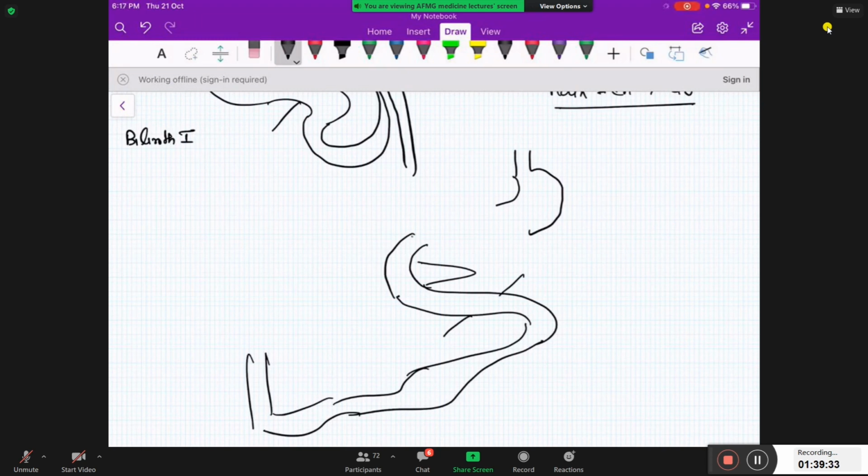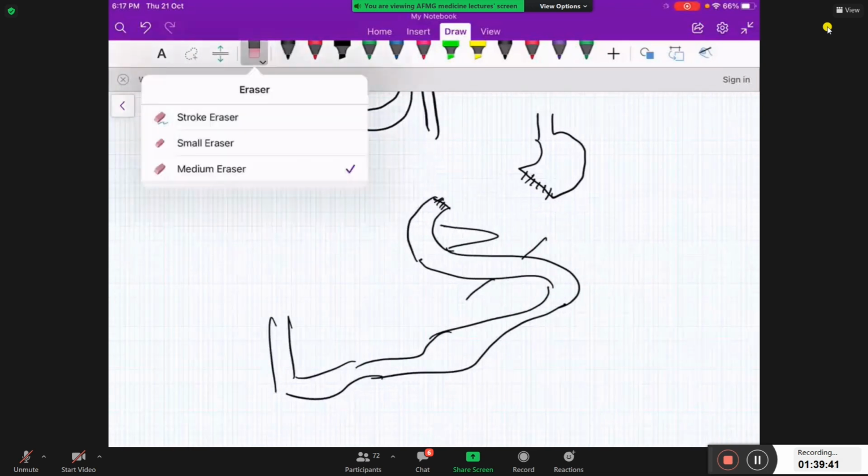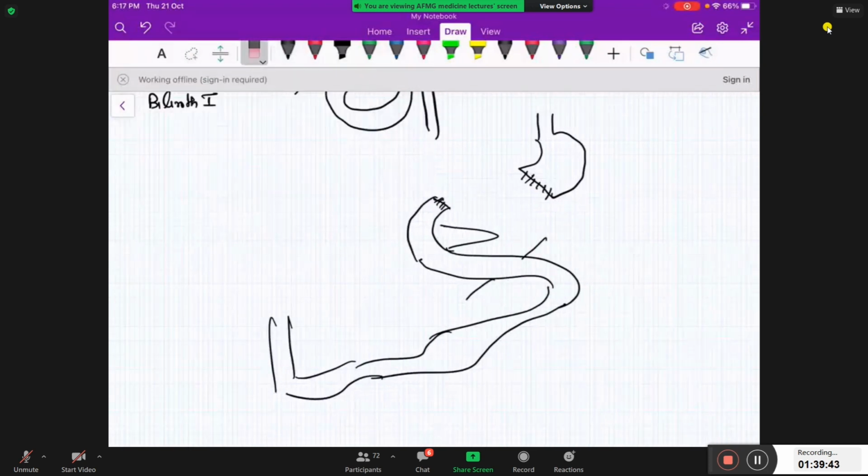So what we are going to do in Ru and Y gastrojejunostomy, we will close this end of the stomach, duodenum. We will close this end of the stomach also. Now we are going to divide jejunum. We have divided jejunum, right? So jejunum divide ho gaya. Intestine is quite long.